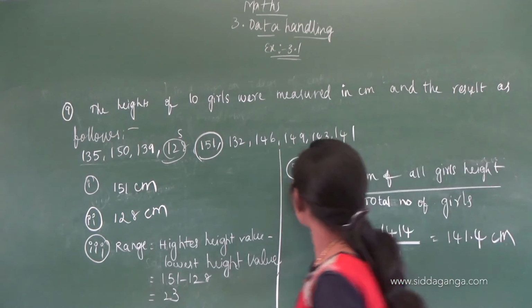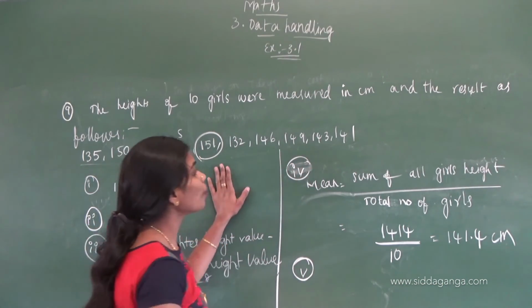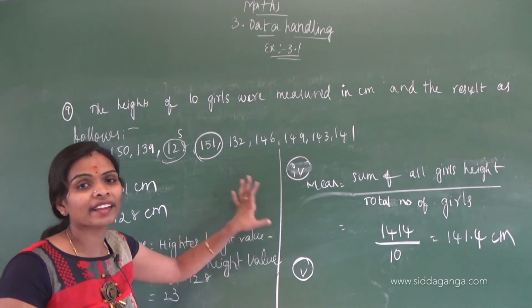And then the fifth question, what are they asking? How many children are having more height than the mean?